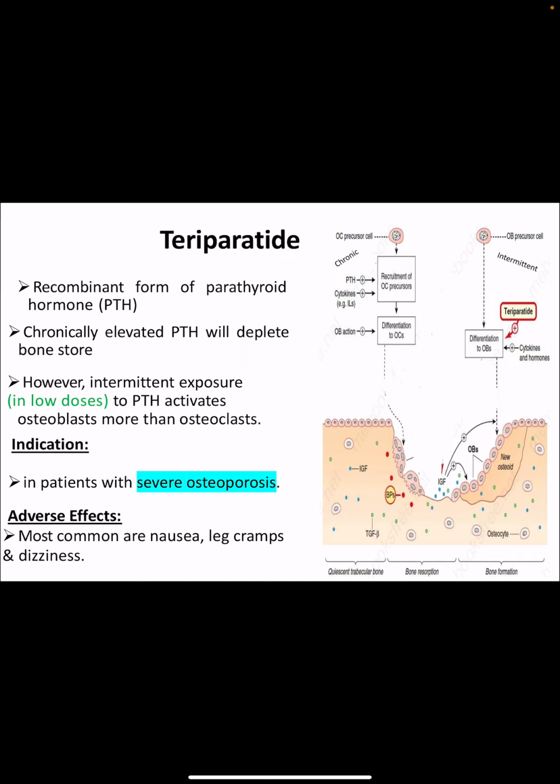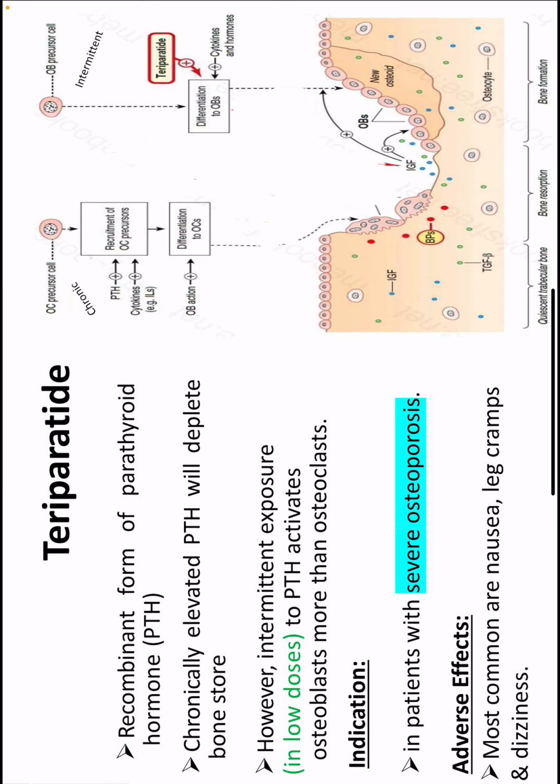Okay? So PTH is different than what we took: the first 34 amino acids, which is the active hormone. We manufactured it, we give it to patients. It is PTH, but it's not the whole length of amino acids.